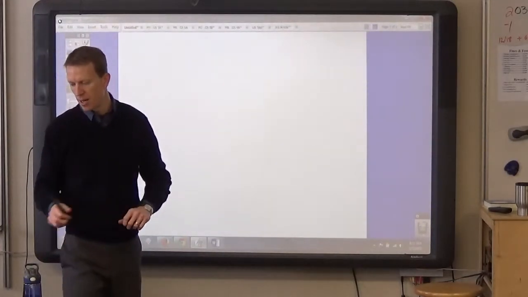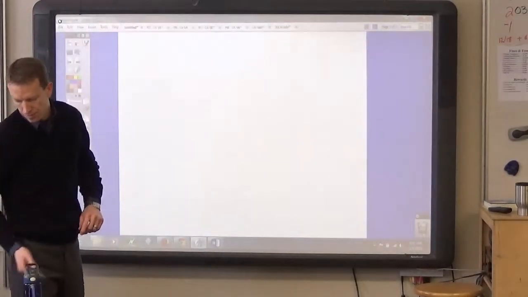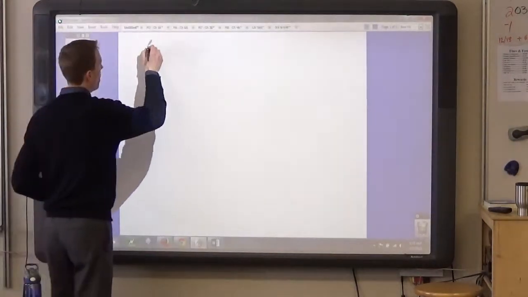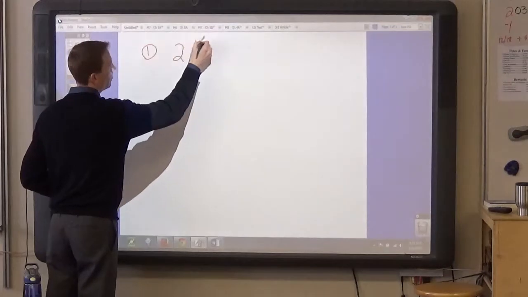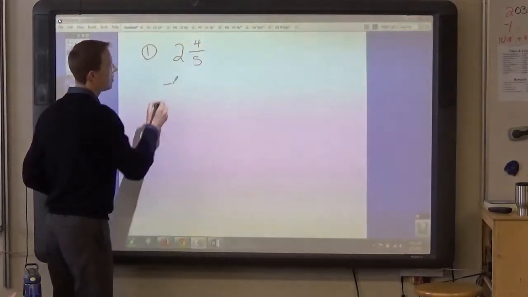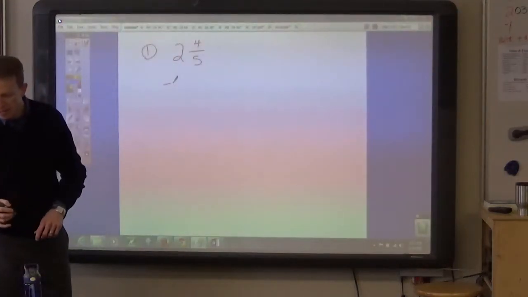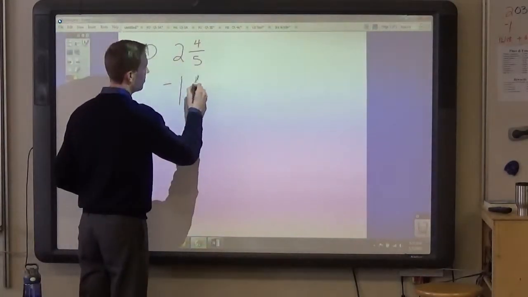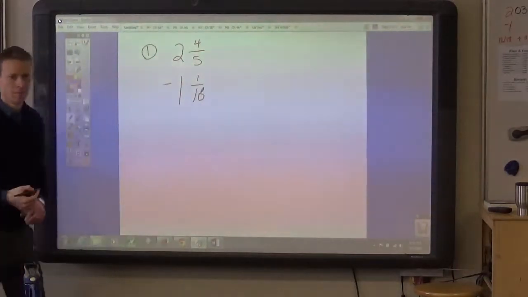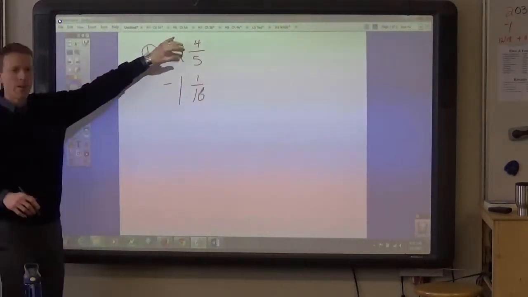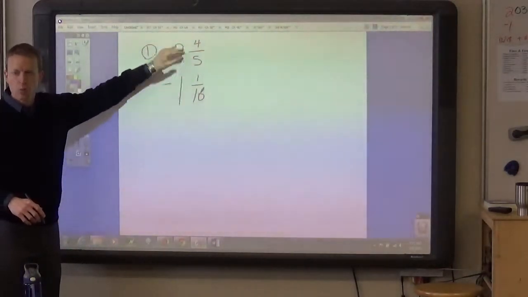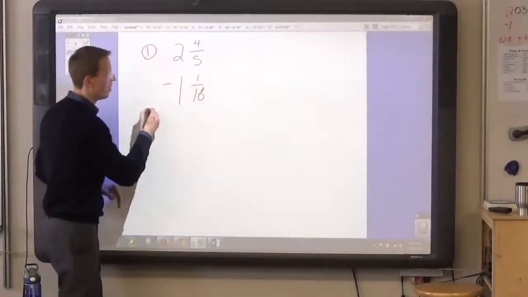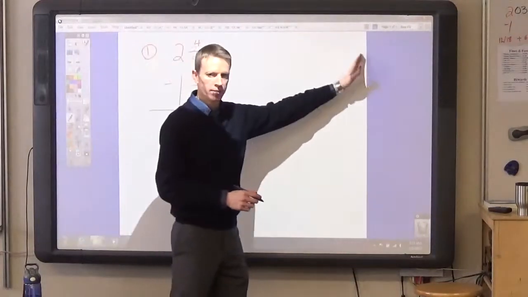Look at number 1. 2 4/5 minus 1 1/10. Now, whenever you're using fractions, it's really helpful to write them one over the other rather than writing them across.